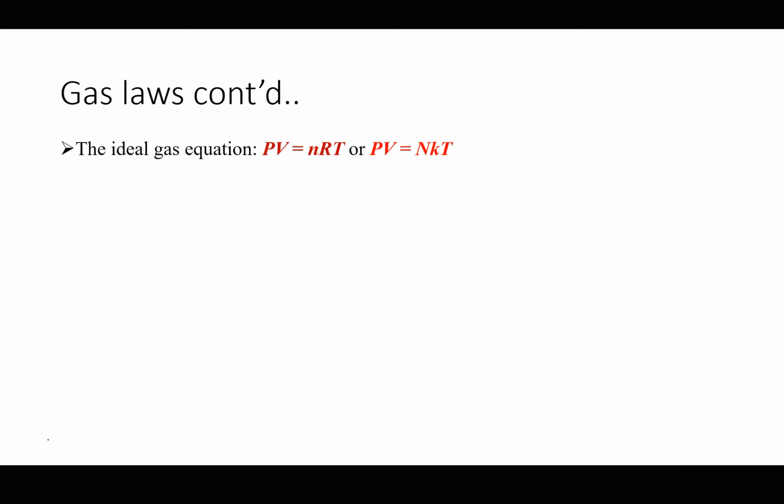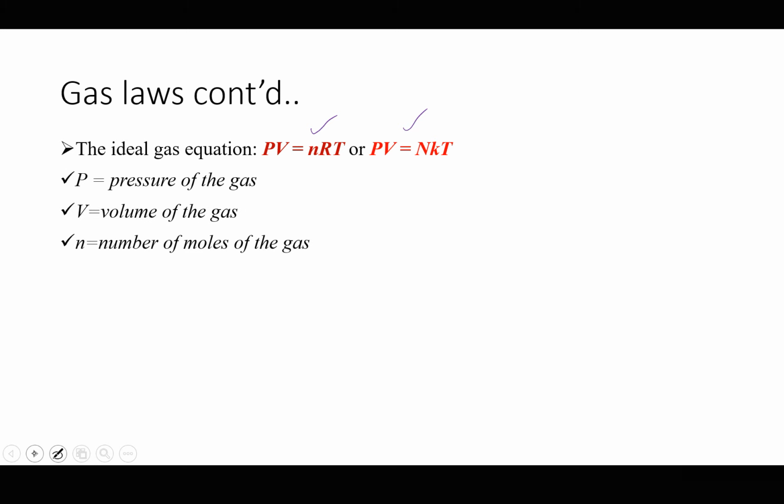The ideal gas equation will therefore be given as either PV = nRT or PV = NkT, and we have seen how we come up with PV = NkT, where P will be the pressure of the gas, and V is going to be the volume of the gas, n will be the number of moles of the gas, that is small n, then R is going to be the molar gas constant, which is 8.314 joules per Kelvin per mole.